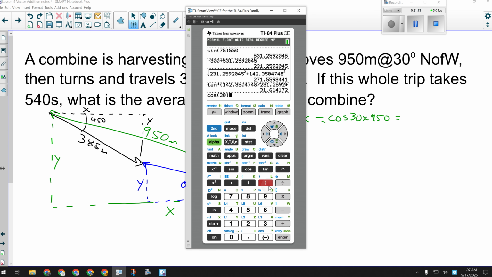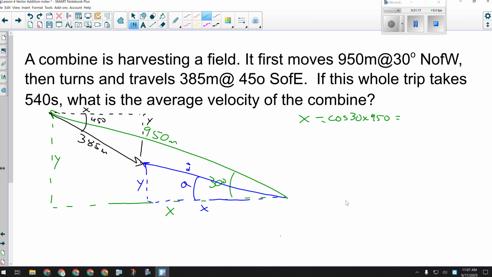Cos of 30 times 950, 822.724 meters west. Then the y component is the opposite side, so sine of 30 times 950 should be 475 meters north. Everybody with me there?